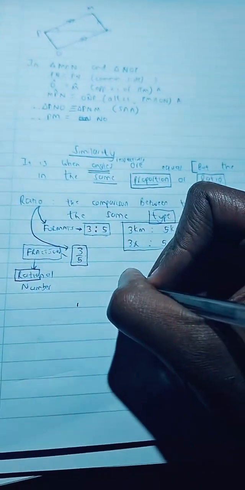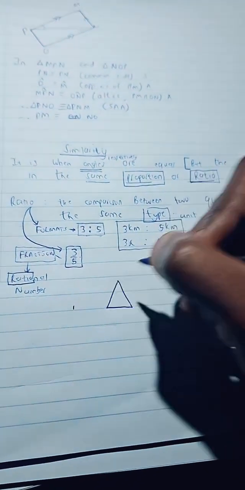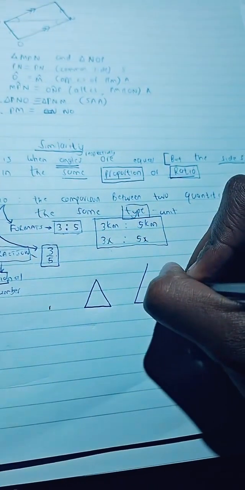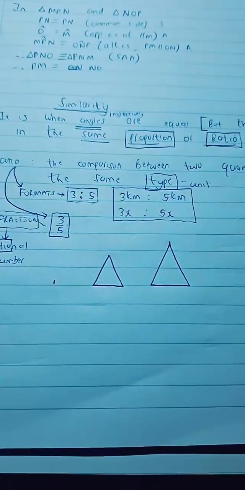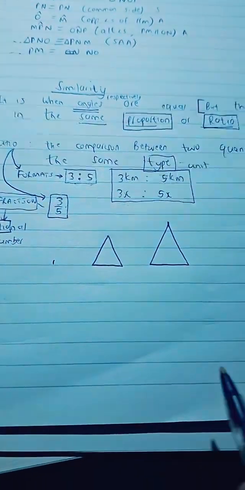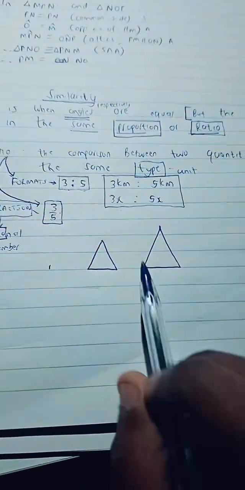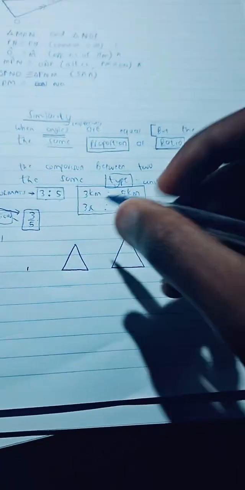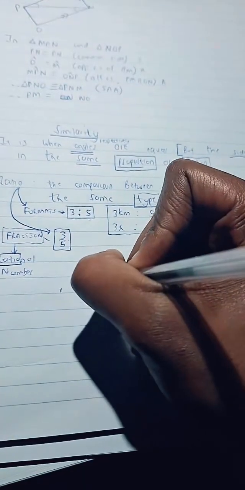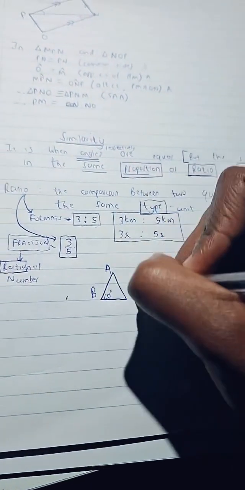Now, let's come and look at something practical as it relates to ratio and similarity specifically. So, say for instance, I have this triangle. This is triangle ABC.